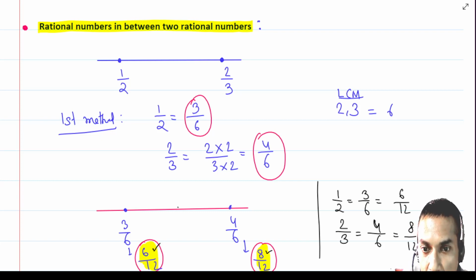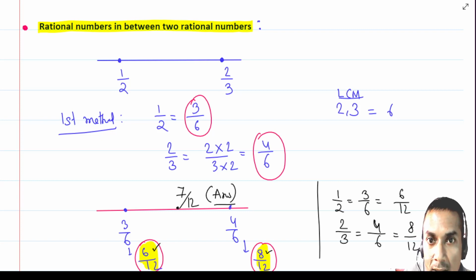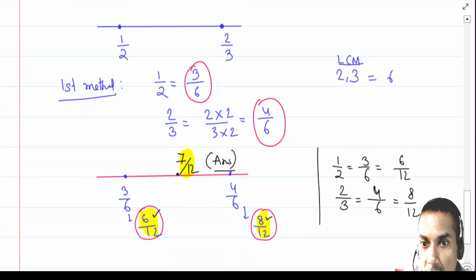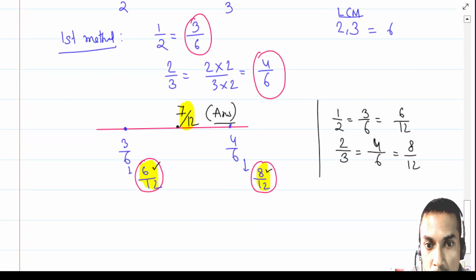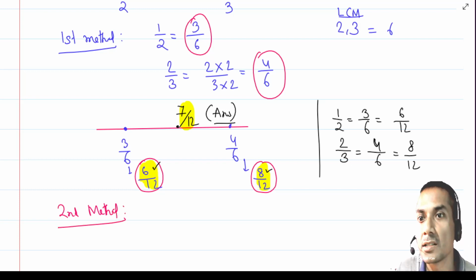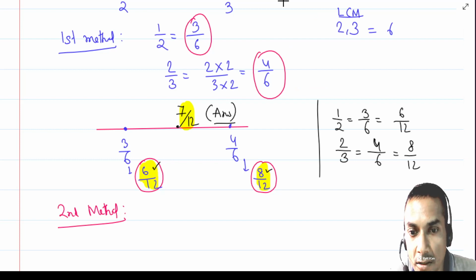It is 7. So 7 by 12 is the answer. Clear? 7 by 12 is the right answer. So this is the first method. Now method number 2, the second method. What is the second method? Look at this.